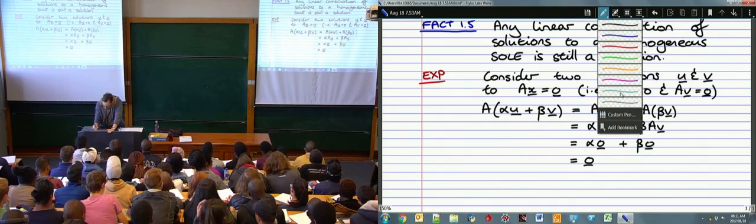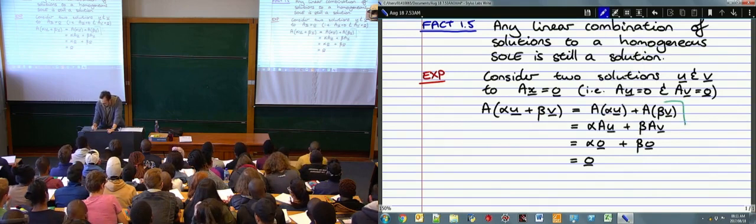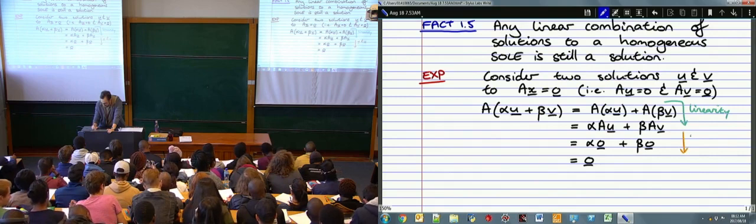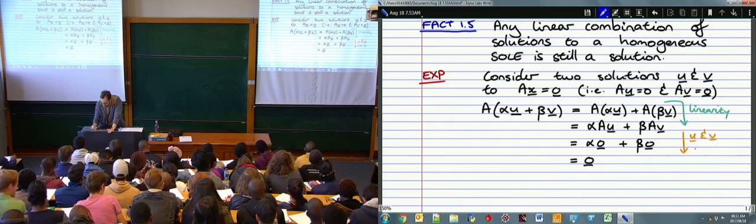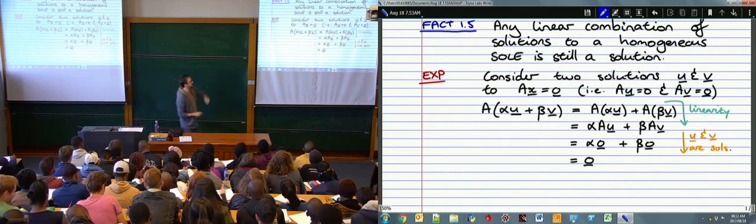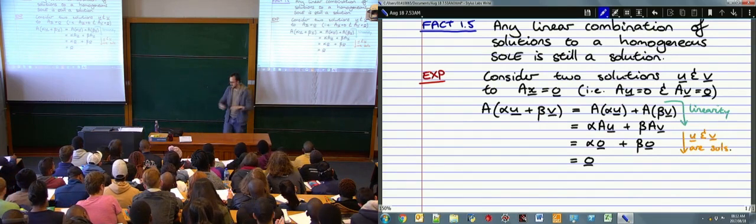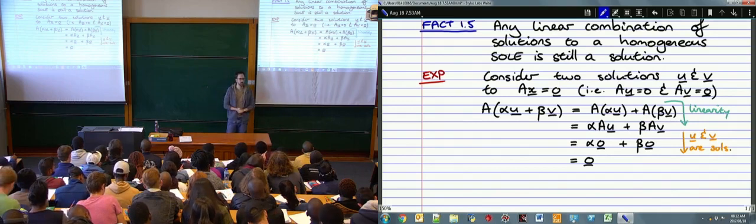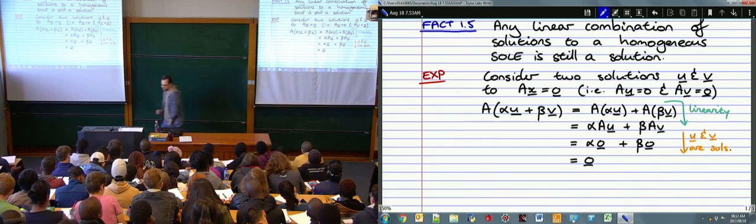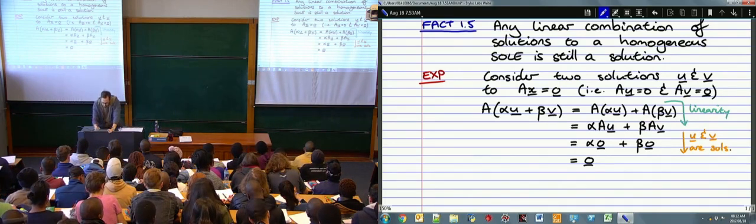So in this first little bit we've used linearity. And then in this little step we've used that u and v are solutions. So a linear combination is also a solution. Okay, great. So we can take a linear combination of solutions to a homogeneous system of linear equations, and it's still a solution.